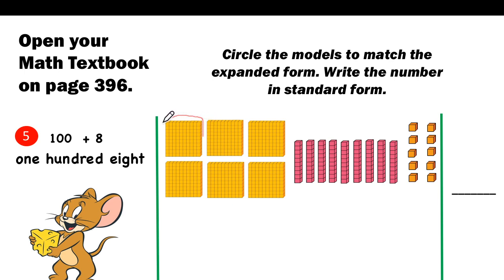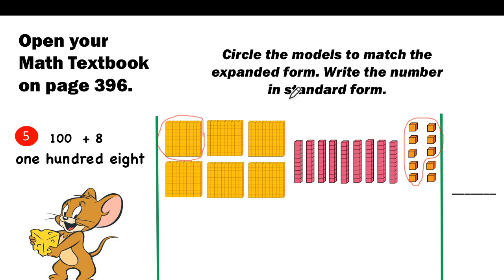One block of 100. Now, do we have any tens? Do we have 10, 20, 30, 40, 50, 60, 70, 80, or 90? No, we don't. So we will not circle any of the pink tens. How many ones do we need to circle? 8. 1, 2, 3, 4, 5, 6, 7, 8. Circle 8. You can circle them like this, for example.